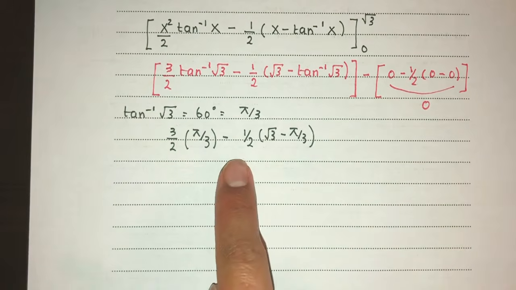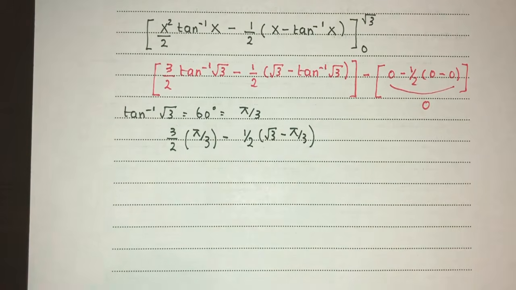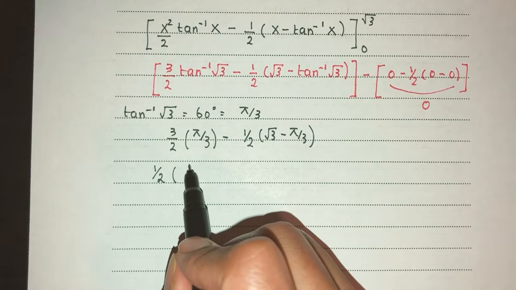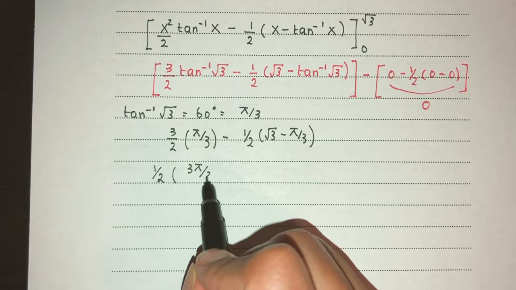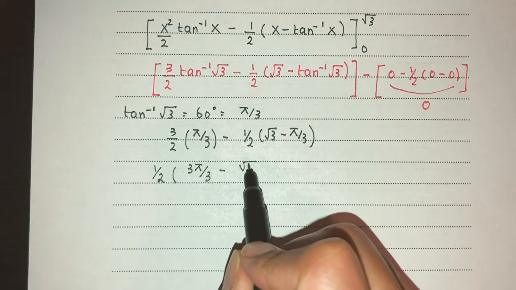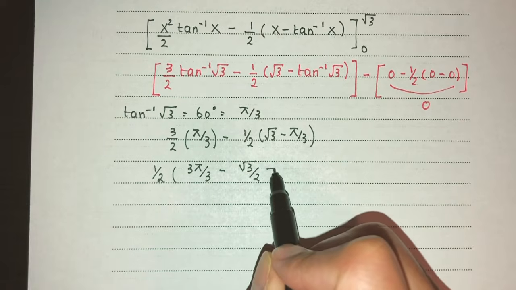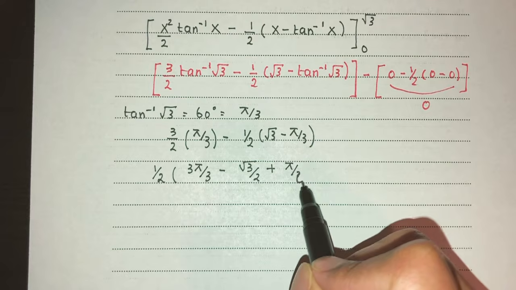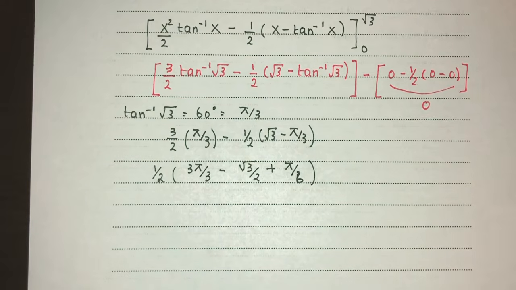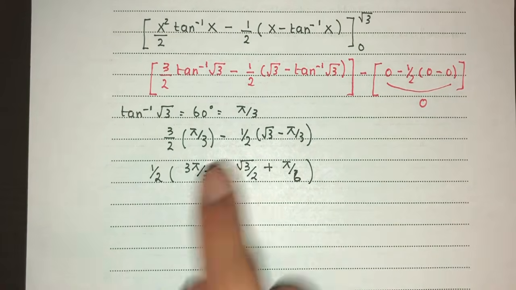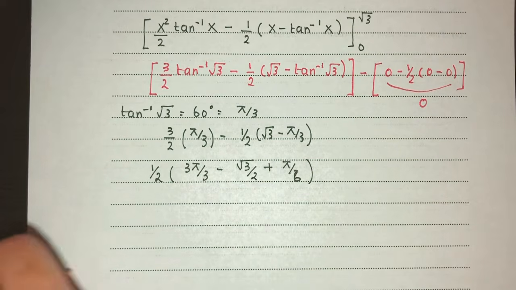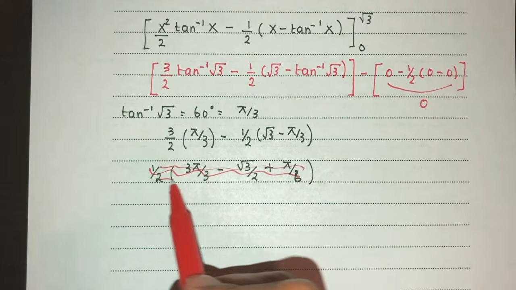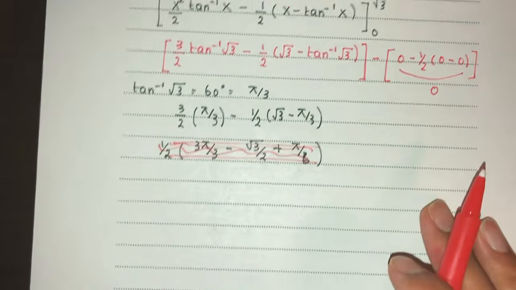So now we can just factorize the value of half outside to see what happens. I made a mistake because I took it out already, so I should not be writing this. So always step by step. Okay, let's try again.